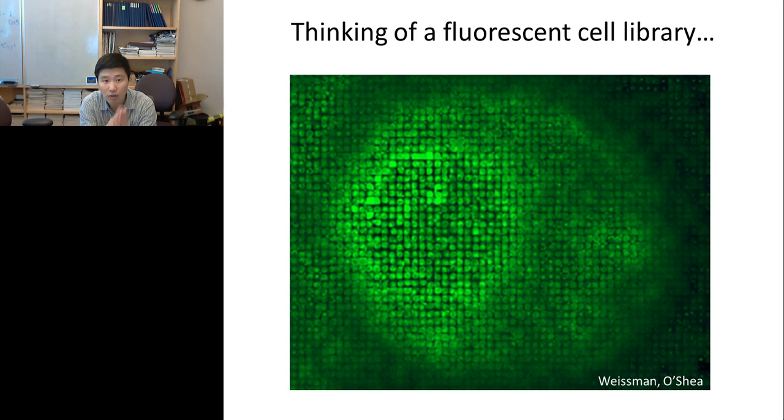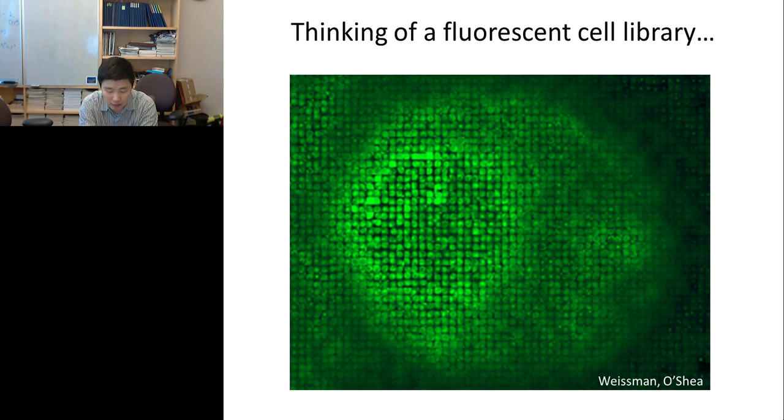You can just go unbiasedly with an image-based screen and identify the gene of interest. And this yeast library has been very powerful in analyzing abundance, subcellular localization, and certain important pathways involved, for example, with yeast aging, a very powerful discovery tool.